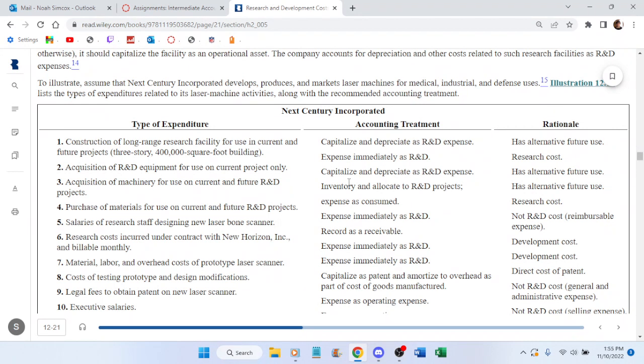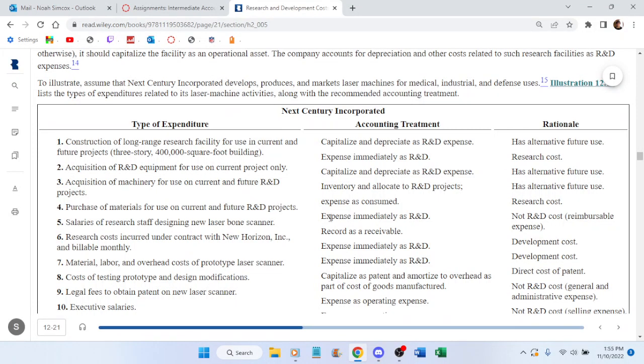Expensed. Acquisition of machinery for use on current and future projects, has alternative future use: you will have inventory. What? I hate this. Again, this goes with this. Purchase of materials for use on the current and future projects: inventory, allocate to R&D projects as expenses consumed.